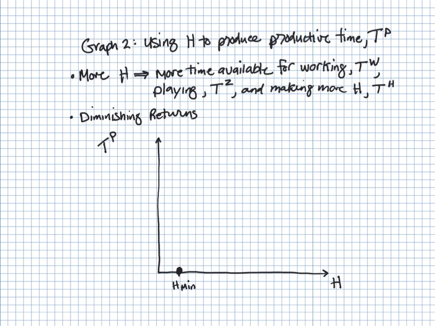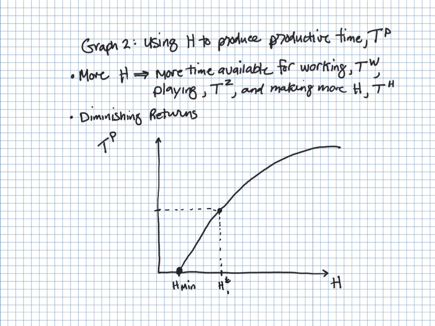So the graph is going to end up looking something like this: upward sloping, steep at the beginning, but eventually it's going to start flattening out at the top, which indicates subsequent investments in health capital are going to yield less and less additional productive time. Right? So what this graph shows us is that at a level of health capital, let's call it H star 1 from our previous graph, we start there, go up to the curve, over to the y-axis.